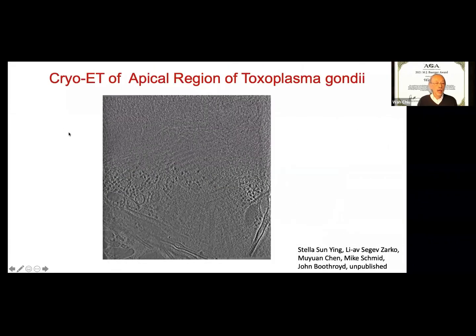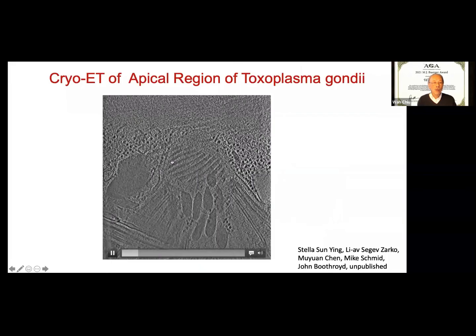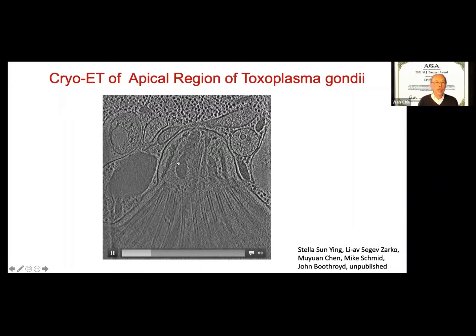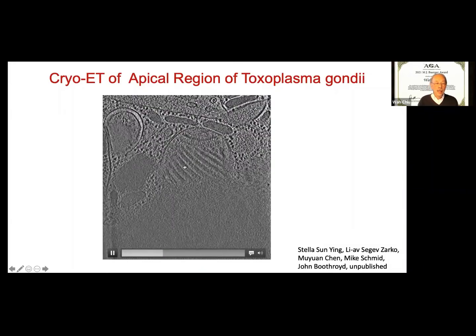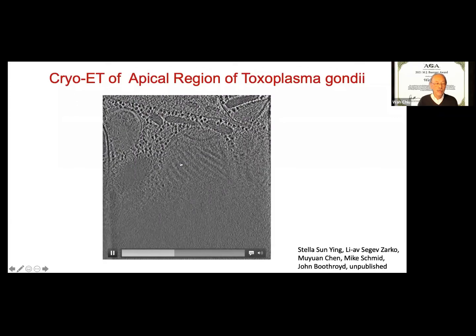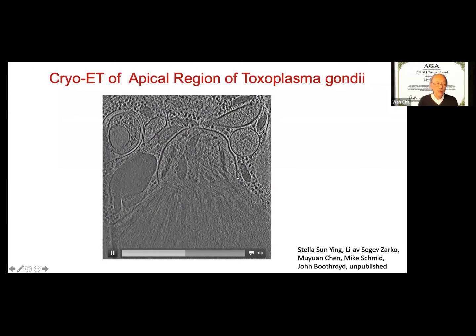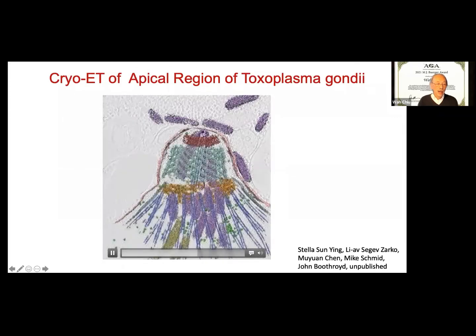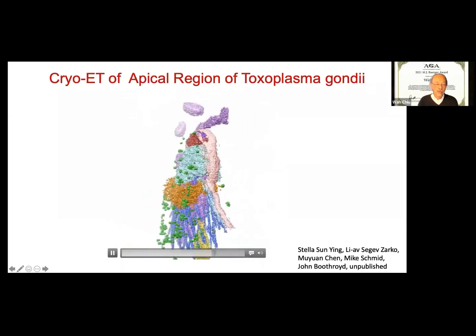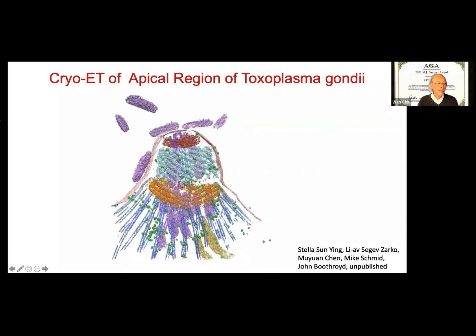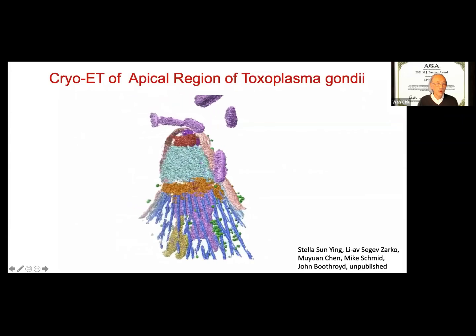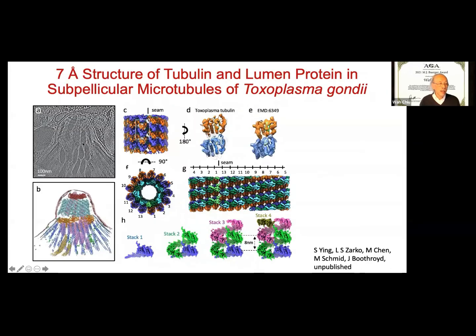And so finally, I'd like to show one of the latest works we did with Toxoplasma gondii, which is a parasite. It's very rich. We're looking at the apical regions of these, and the different colors represent different types of features. From that, we're able to do annotation by a convolutional neural net, as well as subtomogram averages.